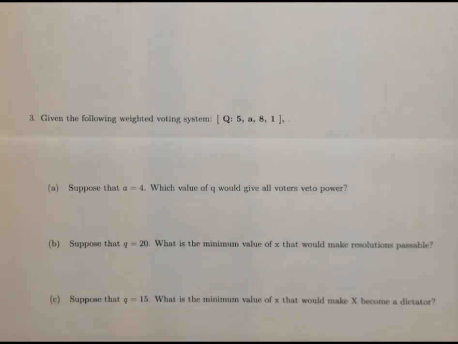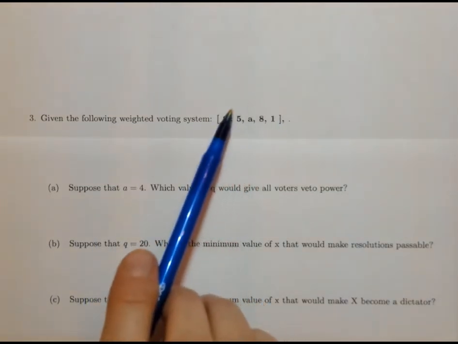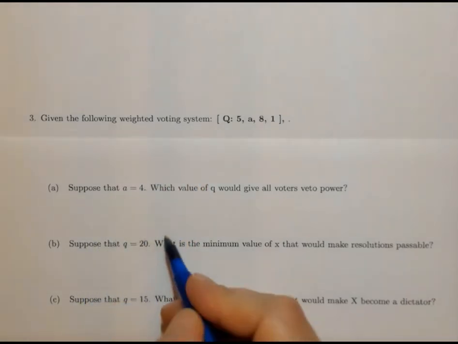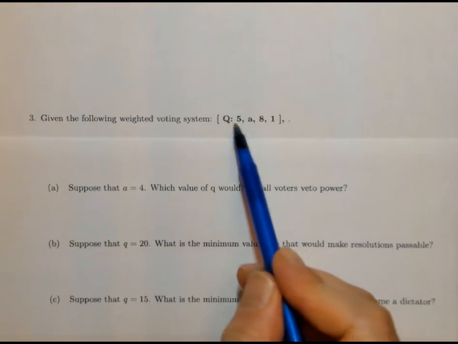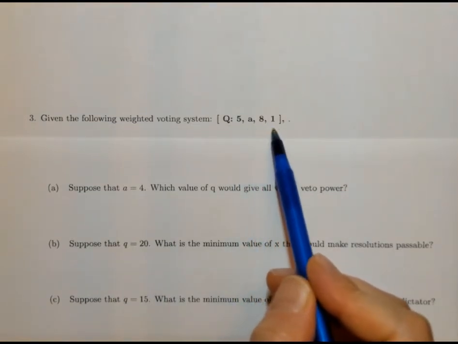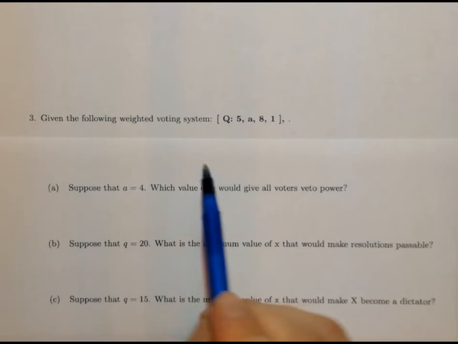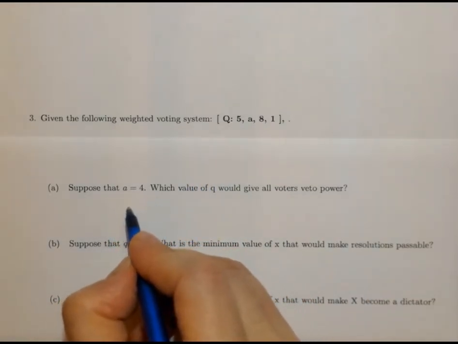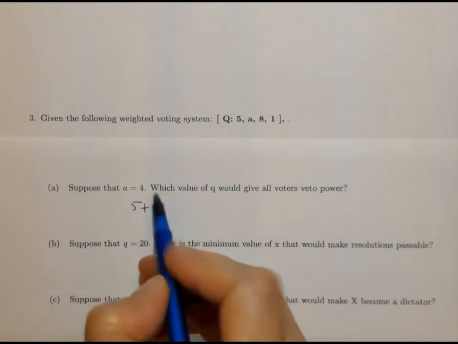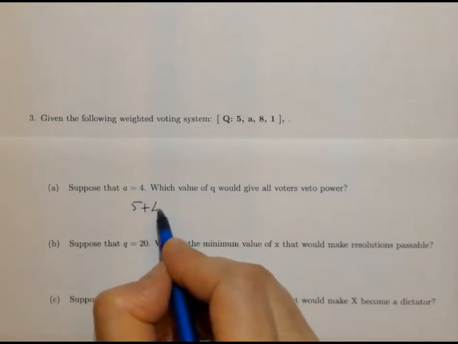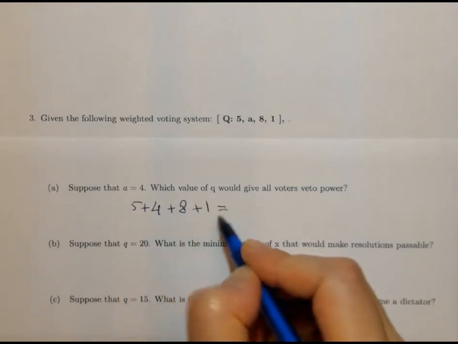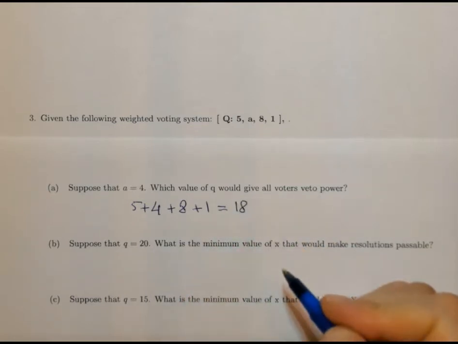So what does it mean? It means that if at least one voter in this system doesn't vote, then the resolution is not possible. So it means that the sum of votes of these 4 voters must be equal to Q. So we have 5 plus A, which is 4, plus 8 plus 1, the sum is 18.